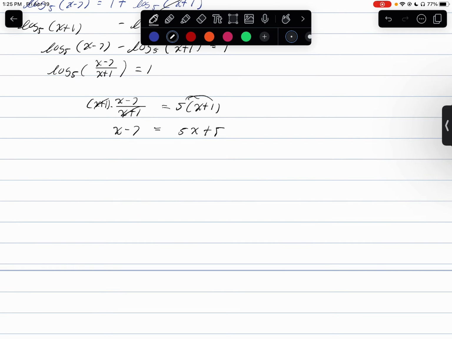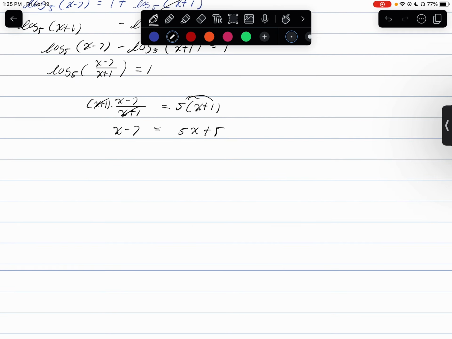Then, to keep everything positive, we'll take x away from both sides. And that's going to give us -7 is equal to x plus 5. Then if we take 5 away, we'll have x is equal to -12.